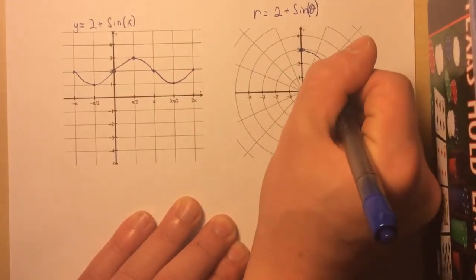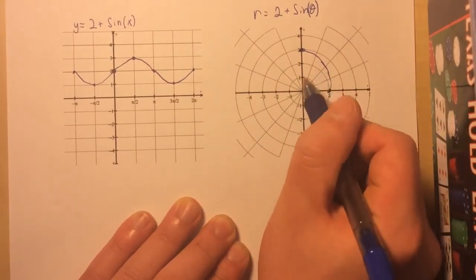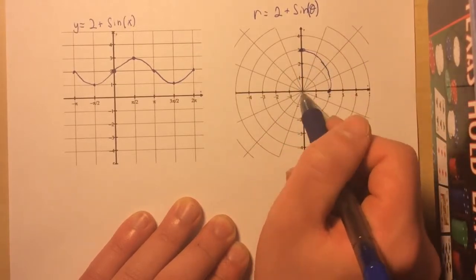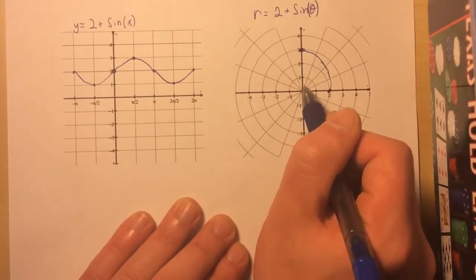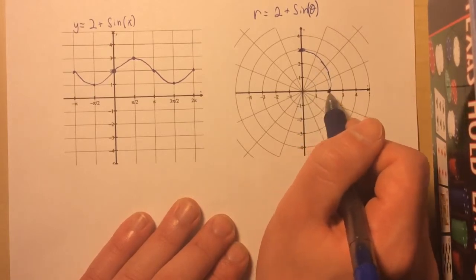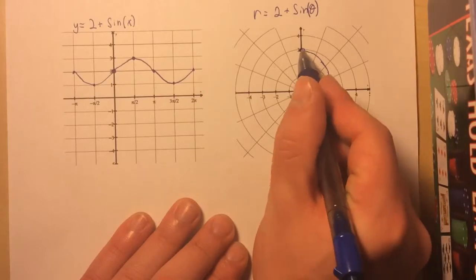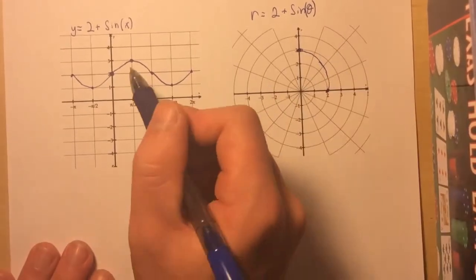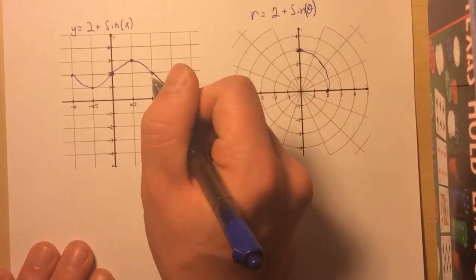Notice that for each angle, if you drew out the r, the distance from the pole right here to the graph, right here and right here, it increases. So here it's going to be 2, then it's going to increase up until we get to 3.